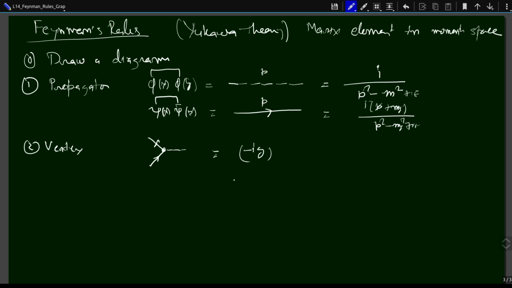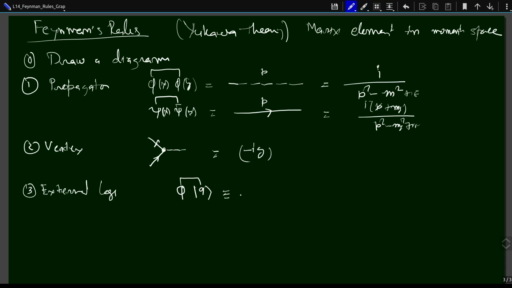Now the most important thing comes here, the external leg. With regard to the external leg, if I have a phi contracting with a momentum q single particle state in the initial or final state, diagrammatically, let me draw it differently.